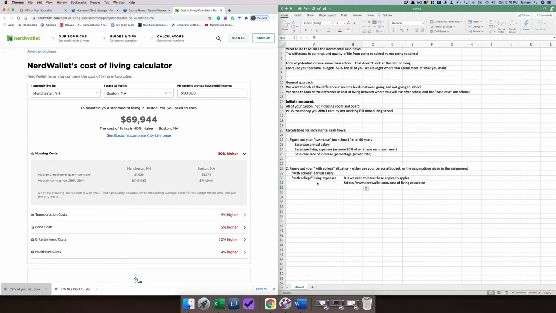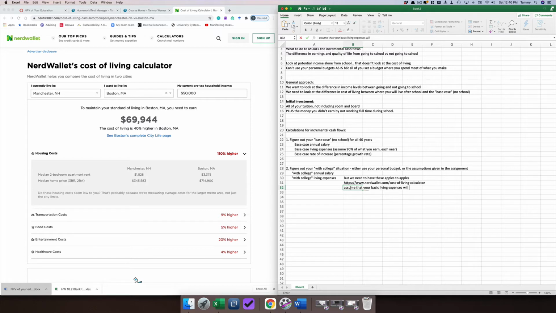Okay, so what you have to do is assume that your basic living expenses will be related to the Manchester, New Hampshire base case by the percentage higher or lower given in NerdWallet.